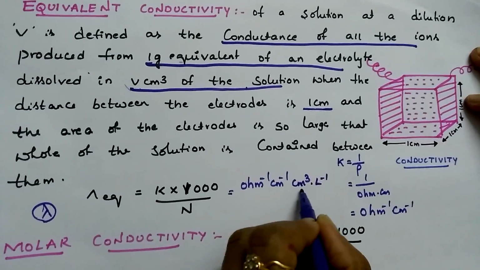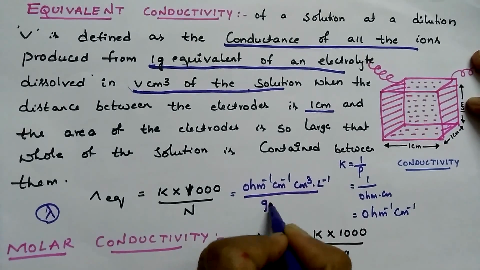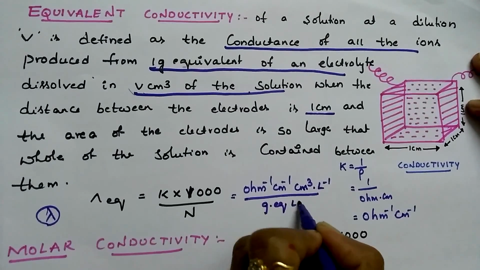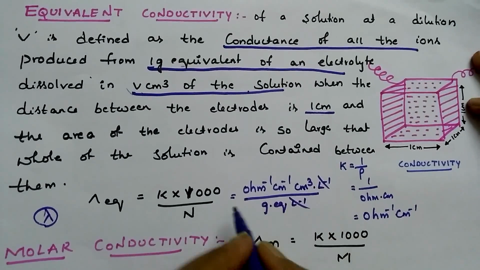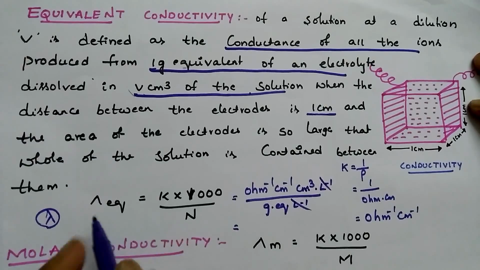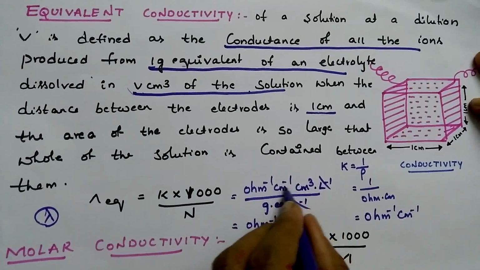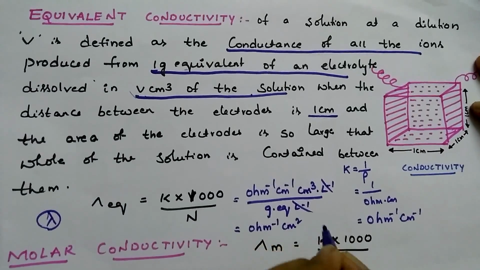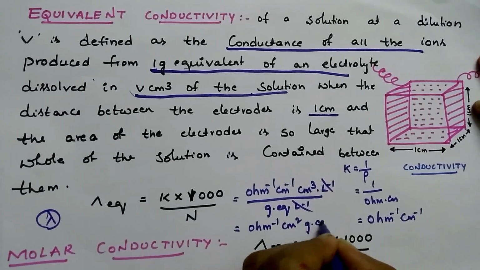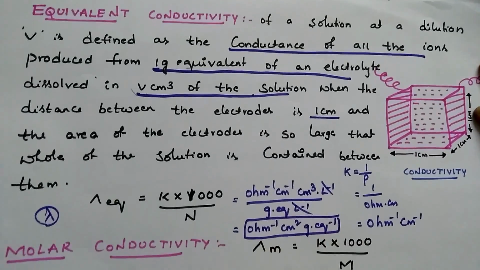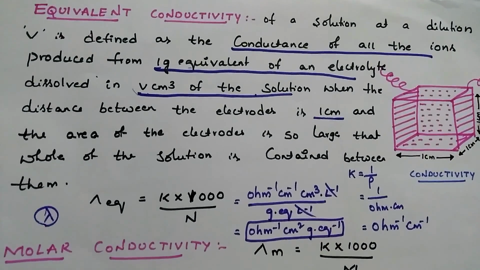Normality unit is gram equivalent per liter, so gram equivalent liter inverse I will write. Then the units of equivalent conductivity is ohm inverse centimeter square gram equivalent inverse. This is the unit of equivalent conductivity.